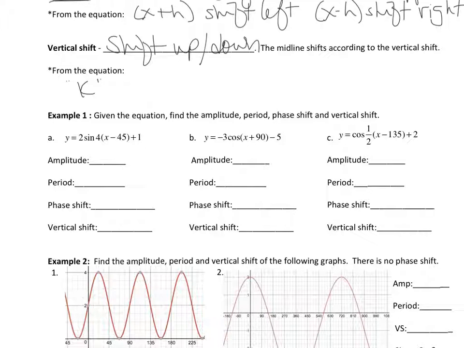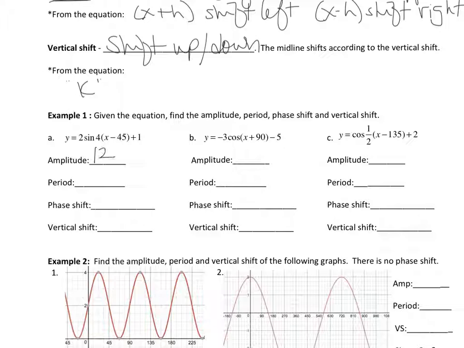Okay, let's go over these examples, starting with example 1a. So in these examples, you're given the equation. We want to identify our values of a, b, h, and k to determine what our amplitude, period, and horizontal and vertical shifts are. So in this case, in this equation, a is 2, and that tells us our amplitude.